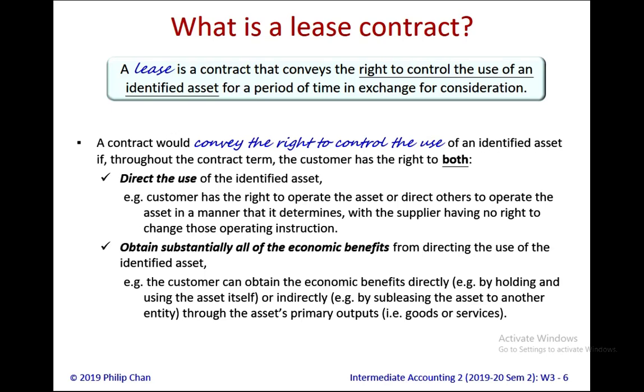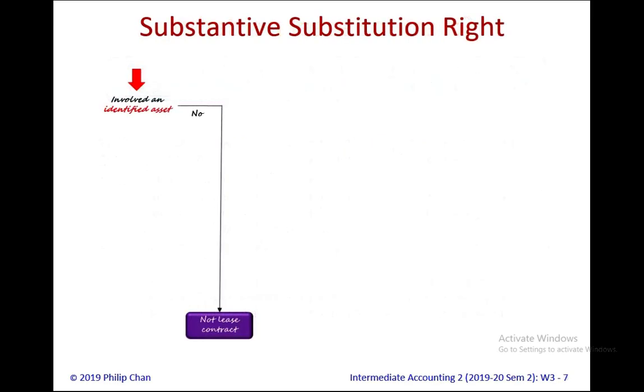One more issue before we look at an example on whether a contract should be defined under Hong Kong FRS 16 as a lease contract. One more condition, related to what we call substantive substitution rights.